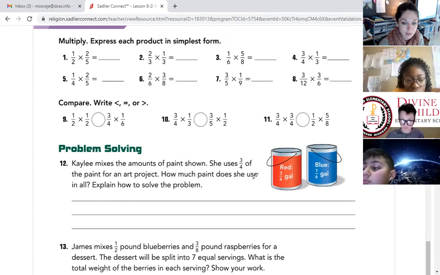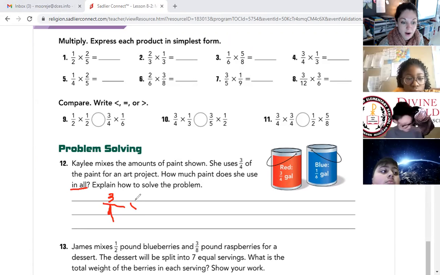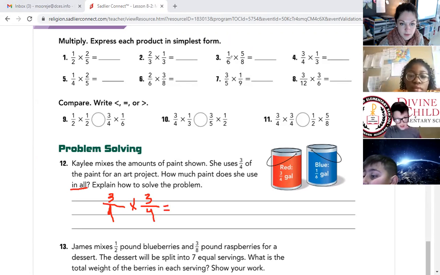And it looks like, how much paint does she use in all? It looks like you're going to end up combining those values at the end. So we're going to take 3/4 of 3/4 for the red paint, find an answer. And then we're going to take 3/4 of the blue, find an answer.